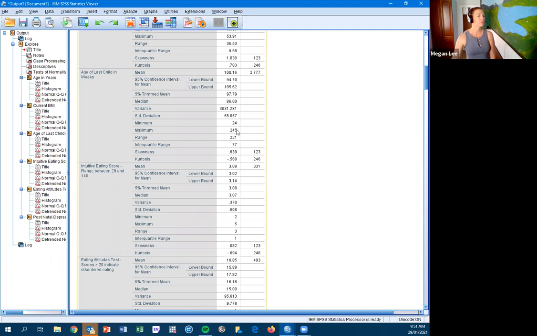Our minimum age was 24 weeks, nice and new, and our maximum age was 245, which is nearly 5, which was our inclusion criteria. Anyone over 5 wasn't really considered to be in that postpartum period. I was really pushing that because that age range is quite a long postpartum. We got pulled up for that in the actual publication.